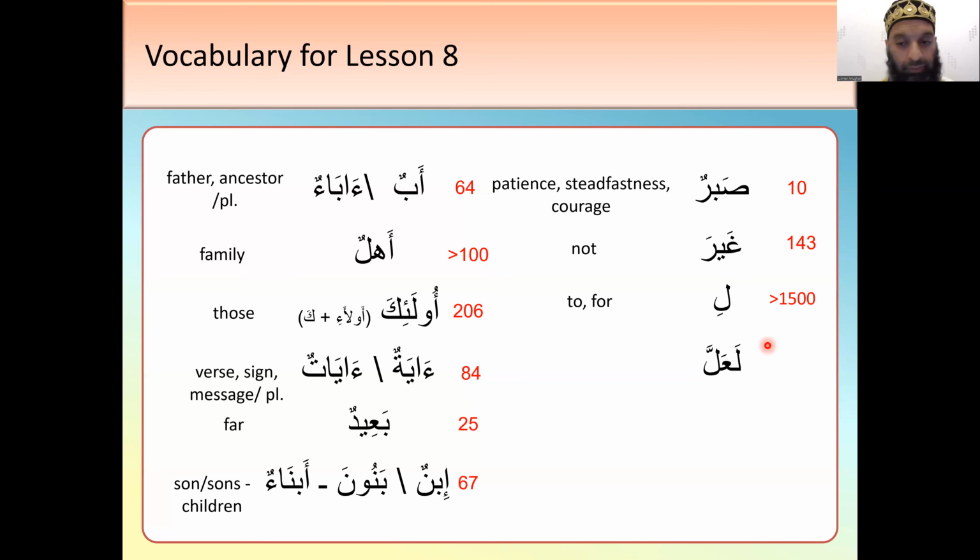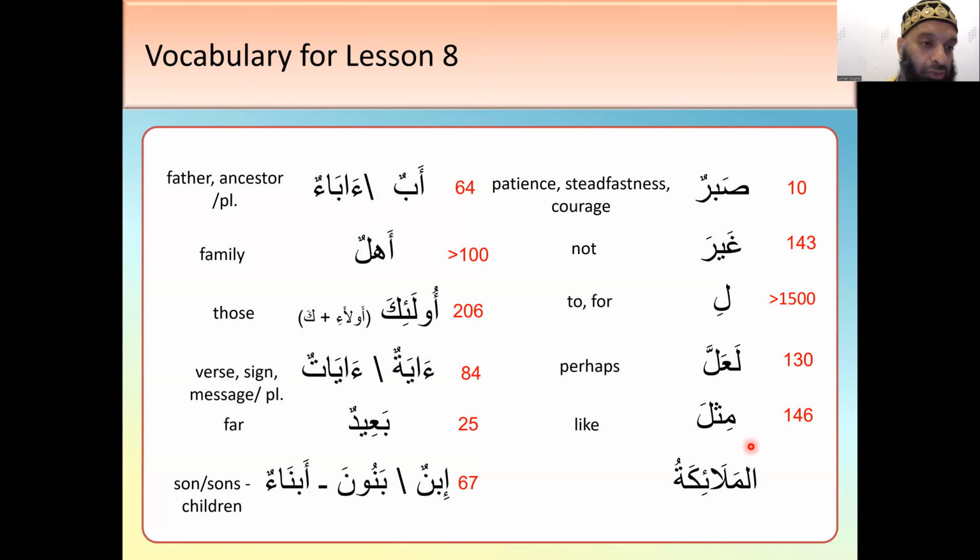Perhaps. 130. مثل. Like. In Urdu we say masal, which is the same word, I presume. مثل. Like. ملائكة. الملائكة. Angels. Excellent.